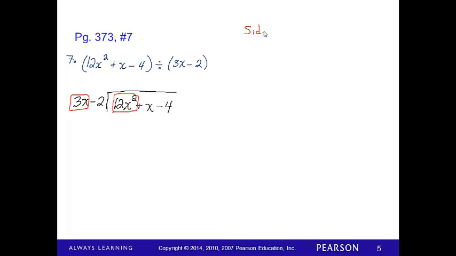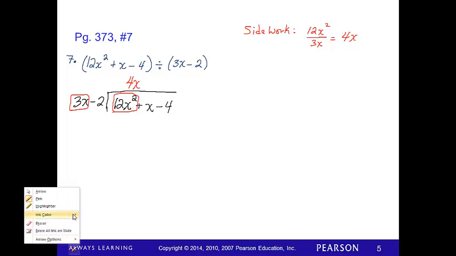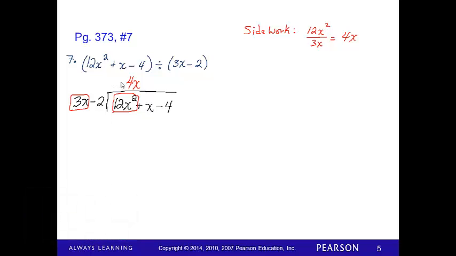So this is my side work. 12x squared divided by 3x is equal to 4x, and that becomes the first term in the quotient. Then we take this 4x and multiply each term in the divisor by it. 4x times 3x is 12x squared. 4x times negative 2 is negative 8x.